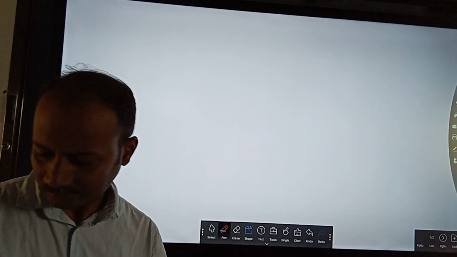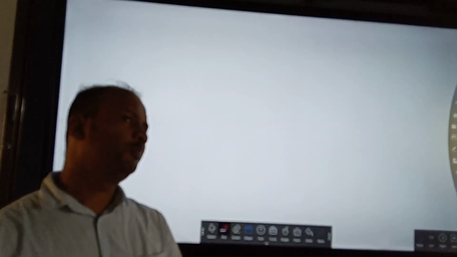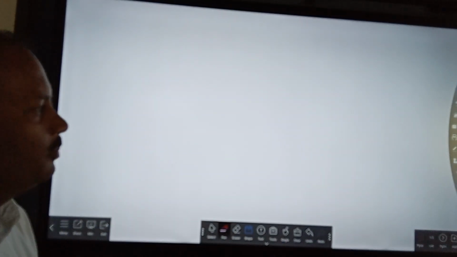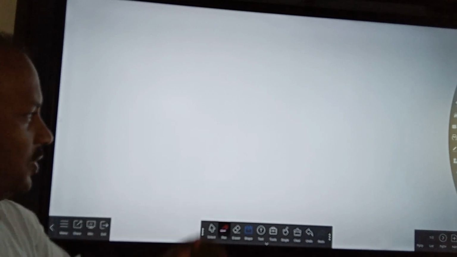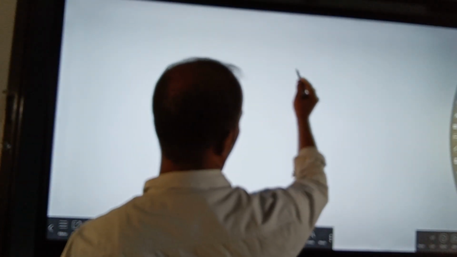A dipole placed in a uniform magnetic field. First, we draw a uniform magnetic field. Look at this.